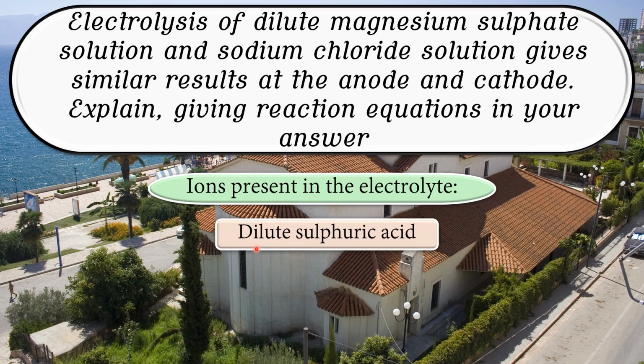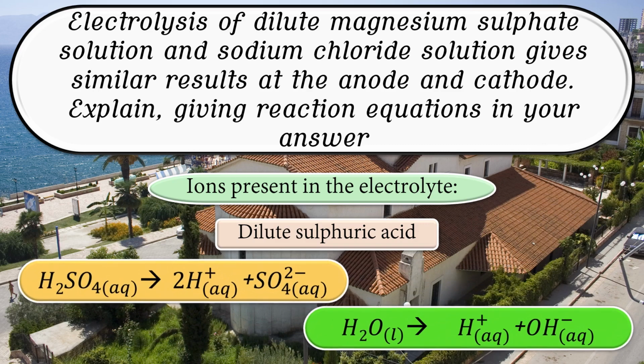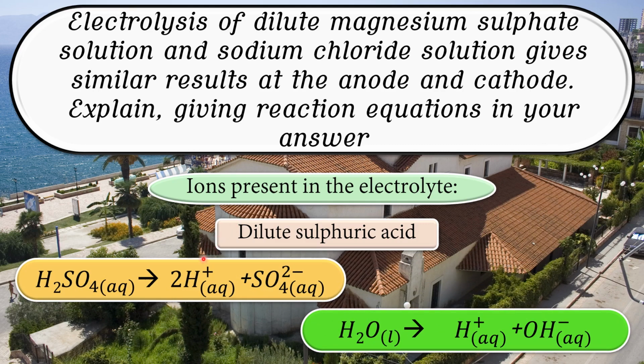Now we want to look at dilute sulfuric acid. Our electrolyte is dilute sulfuric acid. And if it is dilute sulfuric acid, it means that we have sulfuric acid and then we also have water. So which ions are we going to get from this electrolyte? Our sulfuric acid is going to break down and give us hydrogen ions and then the sulfate ions.